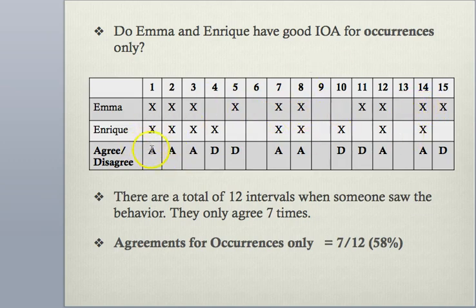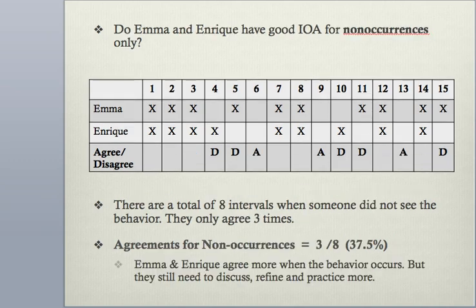And we only score the ones where they agree that it did occur, or where the disagreements are that someone saw it and another person didn't. So now there are only 12 intervals where someone saw a behavior and they only agree 7 times when somebody sees a behavior. So that's an even bigger problem. 7 out of 12 is 58%. So they clearly have an issue with identifying when behaviors occur. That's definitely an issue for these 2 observers.